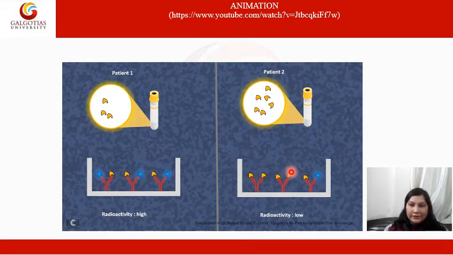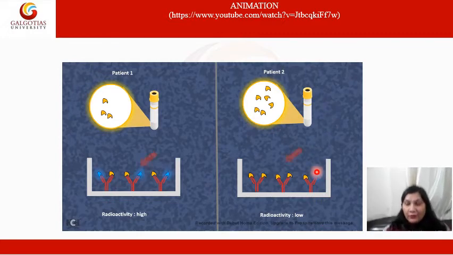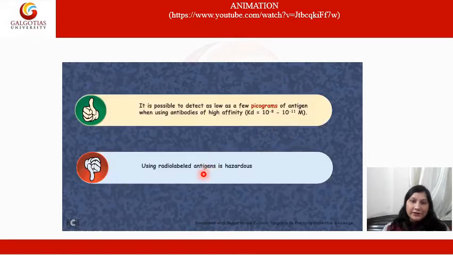You can see these are the unlabeled, these are the labeled antigen, these are the antibodies. Here the radioactivity will be high in case of patient 1 and low in case of patient 2. So this is the method used to find out the concentration of antigen in a sample.